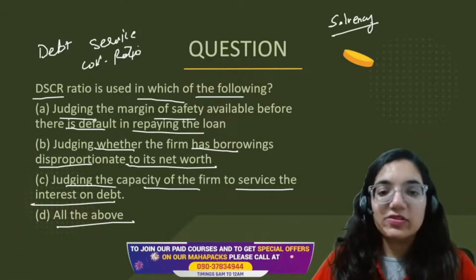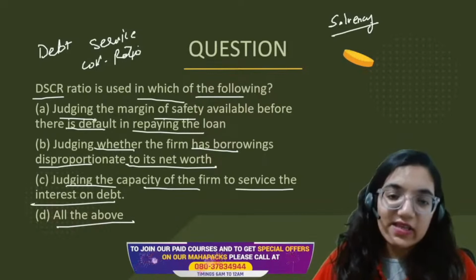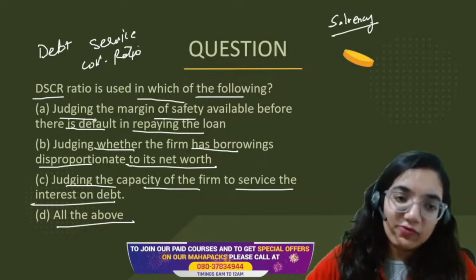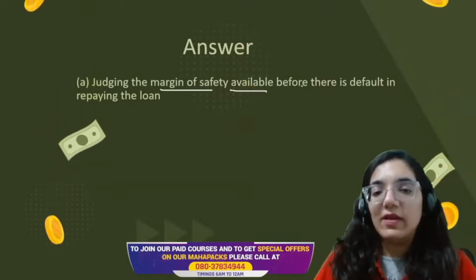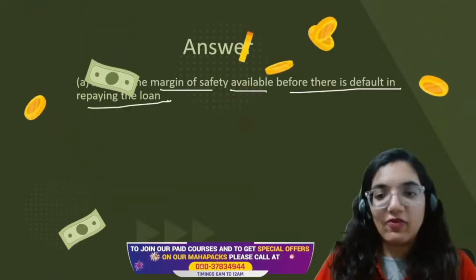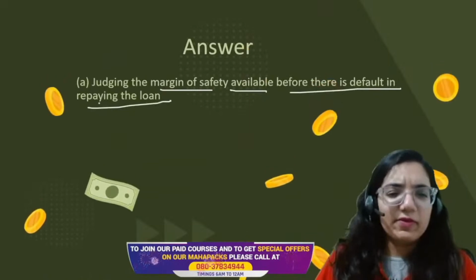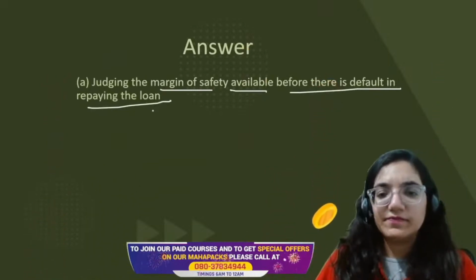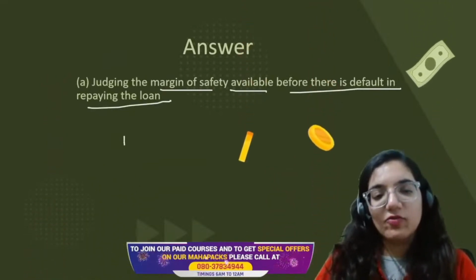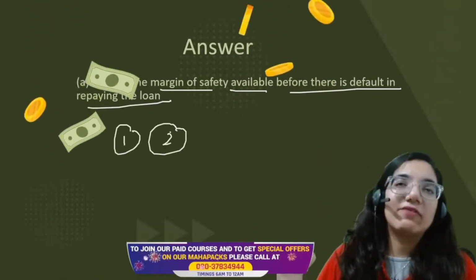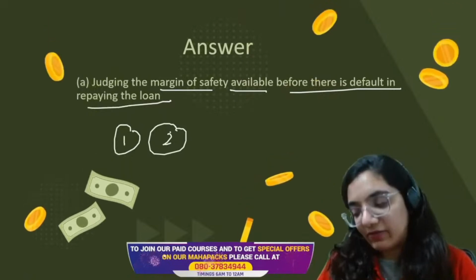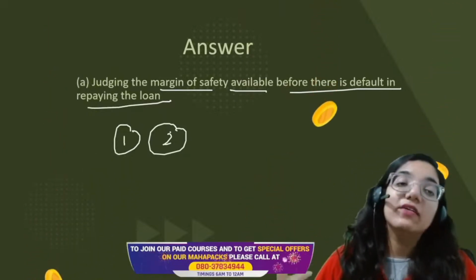So in this case, what's going to be the correct answer? In this case, we are looking forward towards the fact whether the margin of safety available before there is default in repaying the loan. We would like to know what is the amount that they have and what is the permanent amount they will have to pay. That is fixed amount they will have to pay every year if they take a loan.